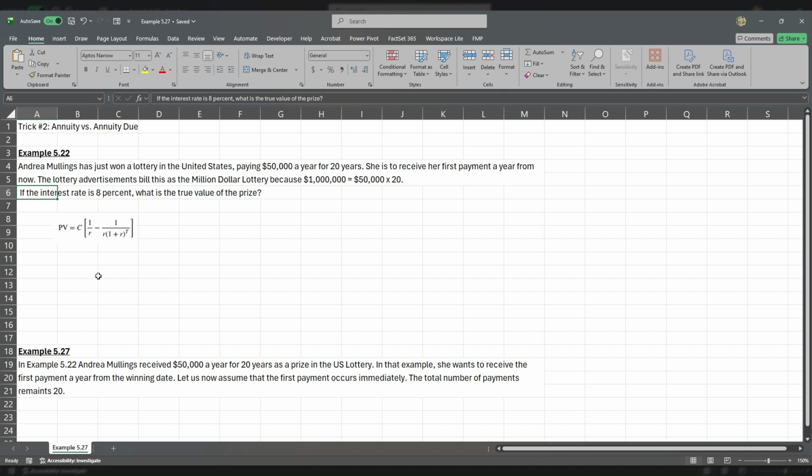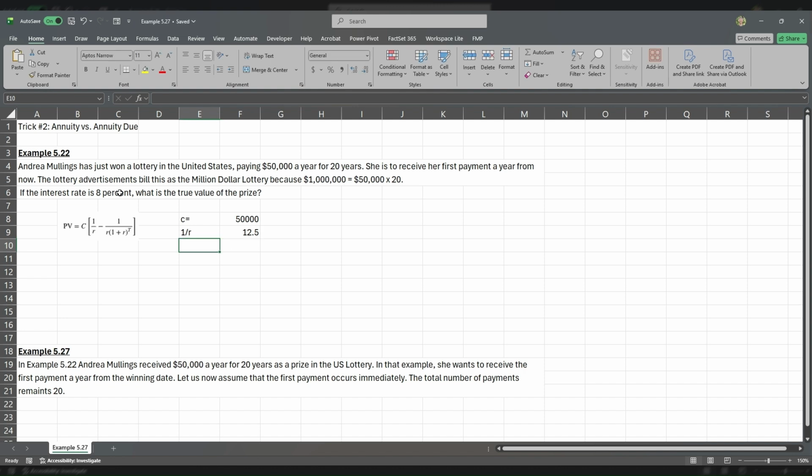So what we would need to do is to calculate the present value of this annuity. We have the formula for the PV of the annuity here, and as a method number one approach to solving this, let's actually just use this annuity formula. So we have C equals, that's the cash flow, so 50,000. And then we have two arguments that are going to need to go inside of a bracket, 1 divided by R, that's going to be equal to 1 divided by, R is 8%.